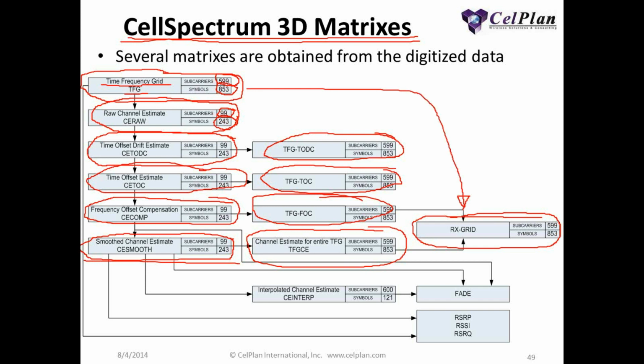We also need to do another interpolation, estimated based on CS smooth. We need to estimate another grid, and this grid we will use to calculate the fading in time and frequency. Basically we will use the TFG also and the CS smooth to derive the 1D parameters like RSRP, RSSI, and RSRQ.